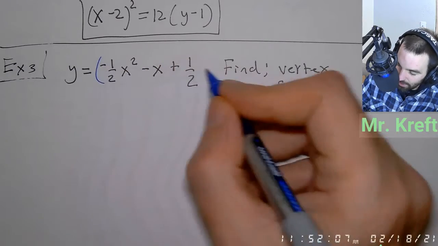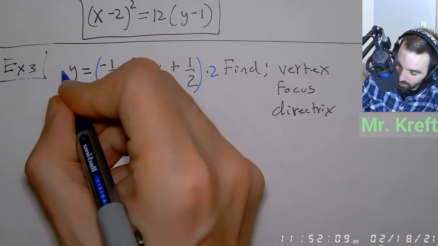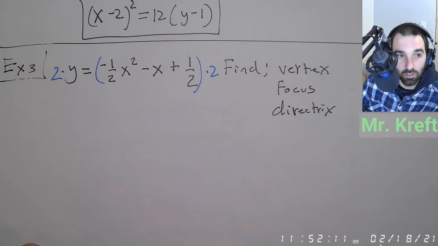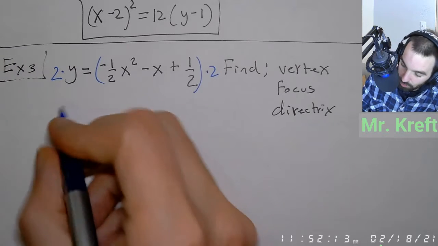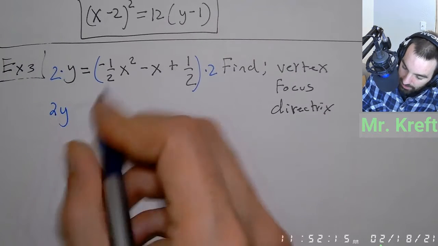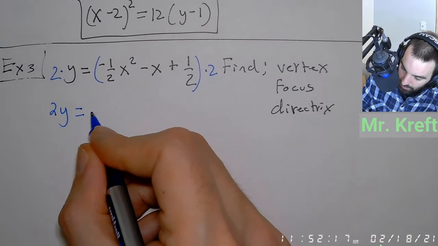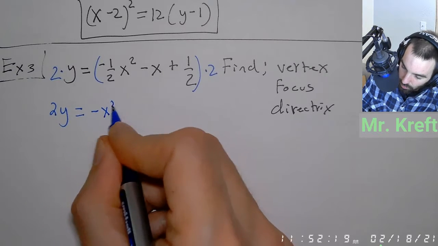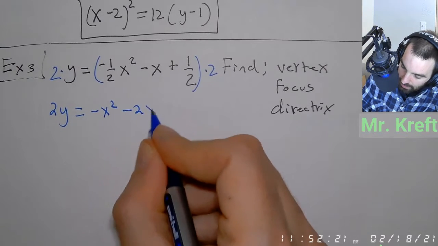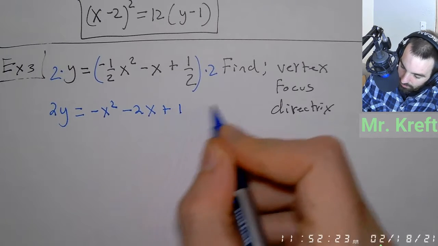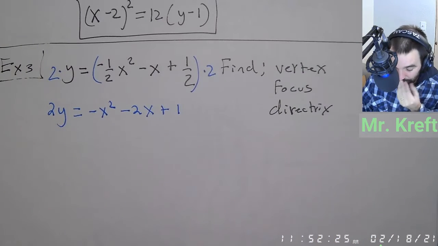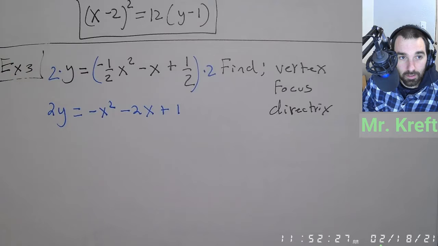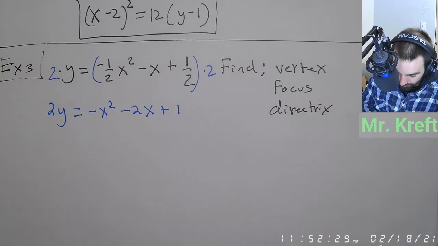So the first thing that I'm going to do here, because it's going to help completing the square out, is multiply both sides by 2. So I get 2y equals negative x squared minus 2x plus 1. Like that. Shoot.